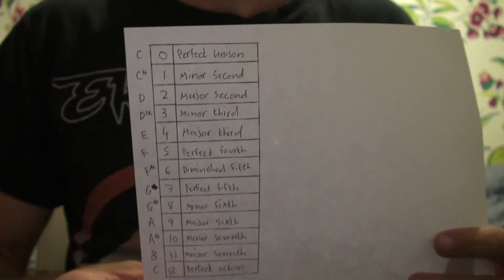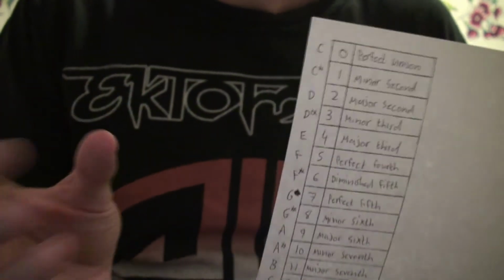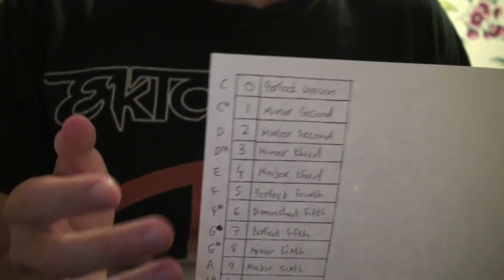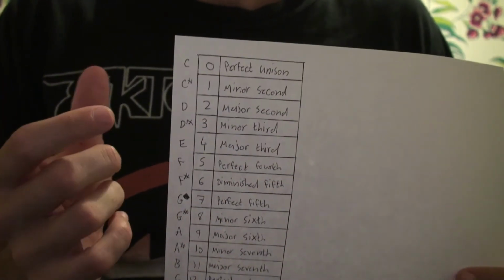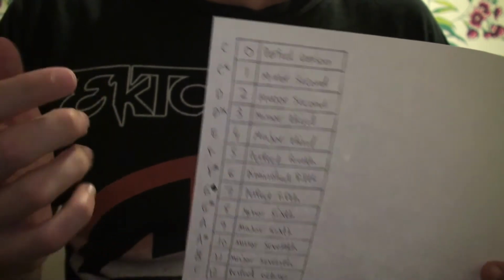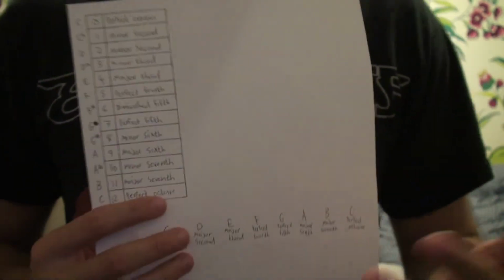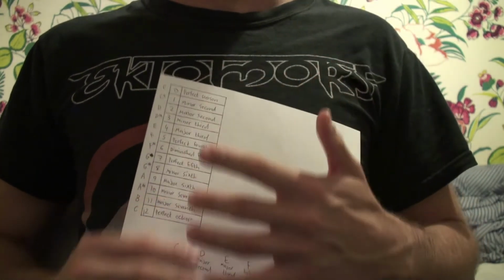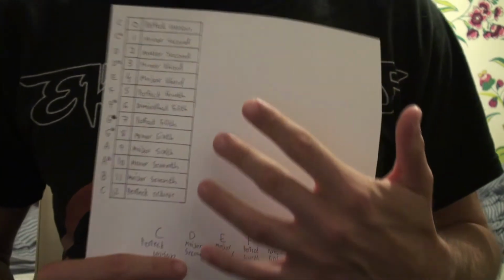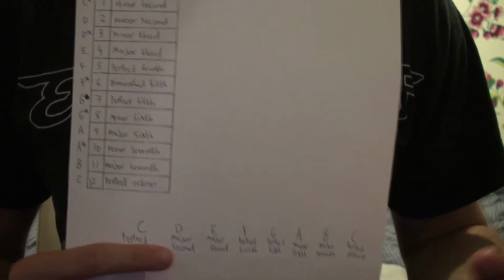When we talk about intervals as centimeters, it's just numbers, but we know that when you put notes together, they emit a certain feeling or character. So each of these intervals will have a different character, because if you put notes together, they will emit a character.